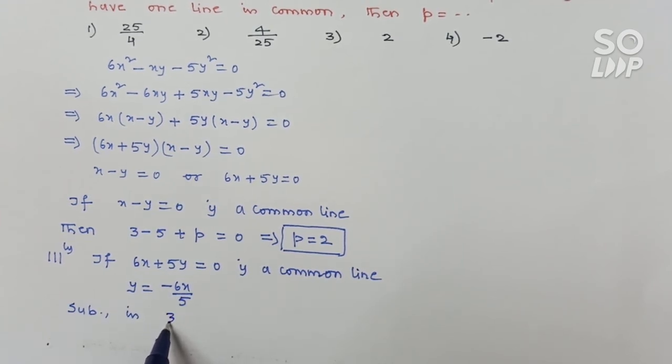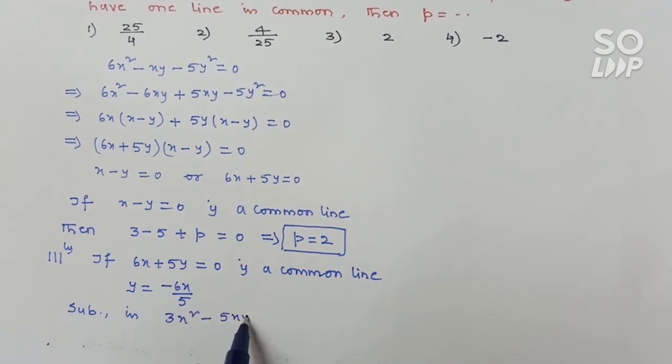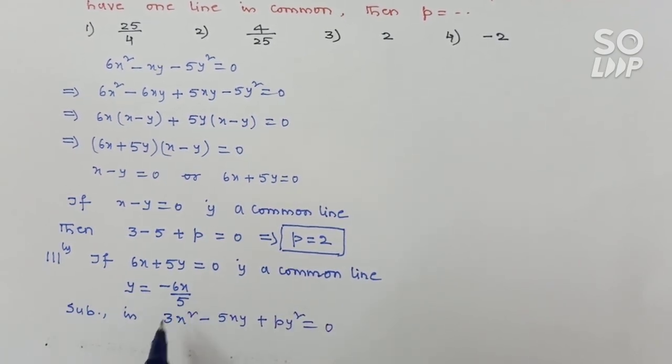Substitute in 3x² minus 5xy plus py² is equal to 0, y is equal to minus 6x by 5.